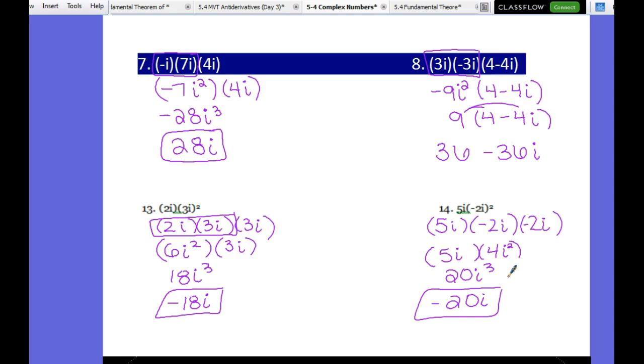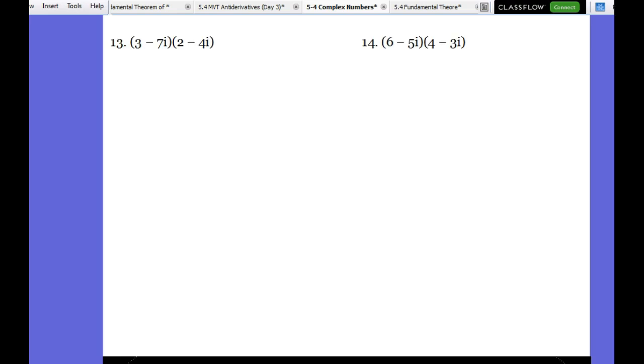Last but not least, we can finally do what you wanted to do, which is to FOIL. So you have first, outer, inner, last.